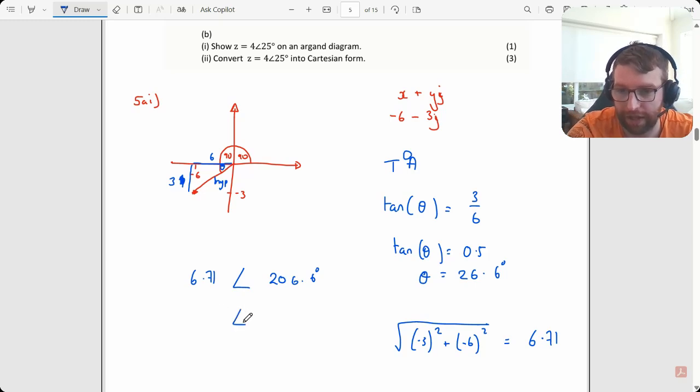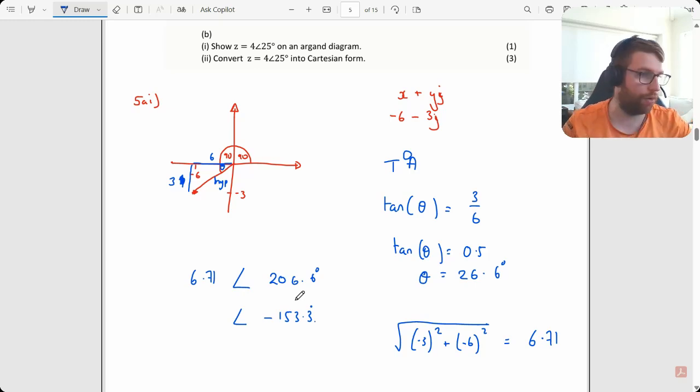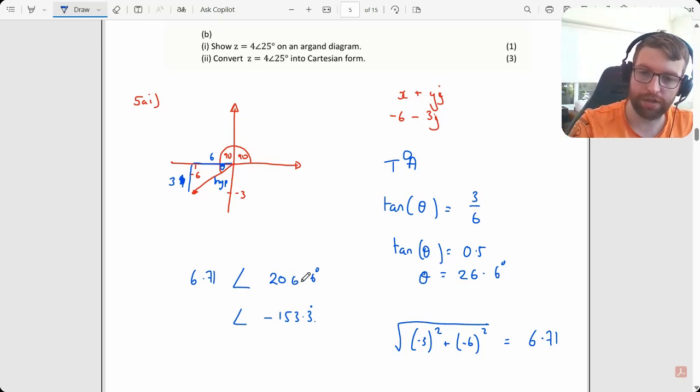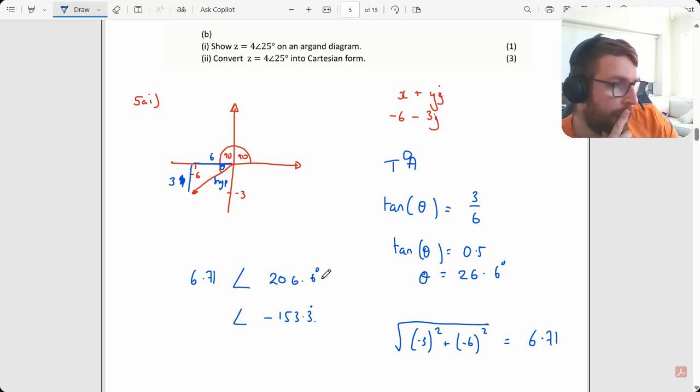So the official answer in the book is just 360 minus that, 153.3 etc. So I would ask the question on that: would they prefer plus or minus, or does it matter at all? These two added together will make 360.